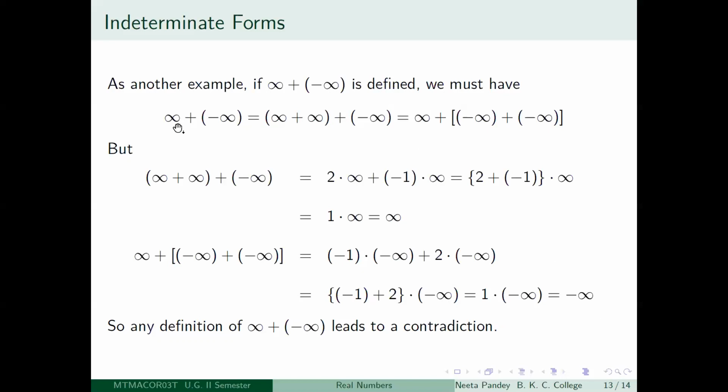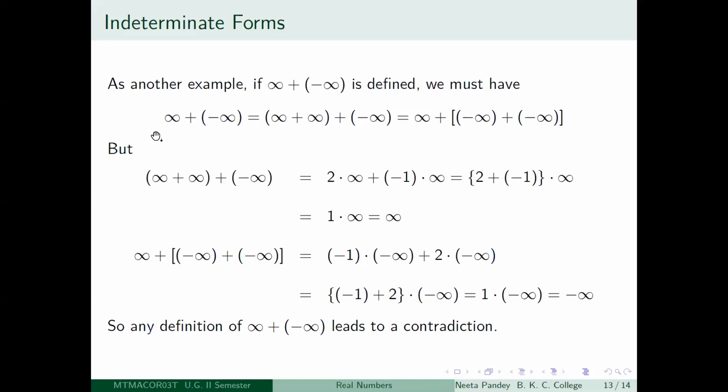So if this is defined, then it should be equal to these two numbers. But this number, if the arithmetic is consistent, has to be equal to infinity, and it also has to be equal to minus infinity. So you are arriving at a contradiction because infinity and minus infinity are two different numbers.